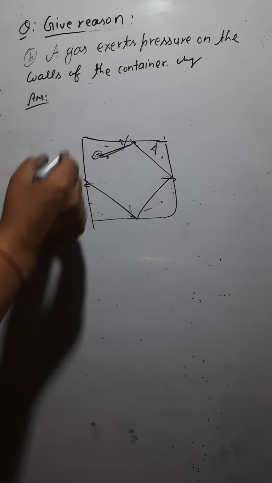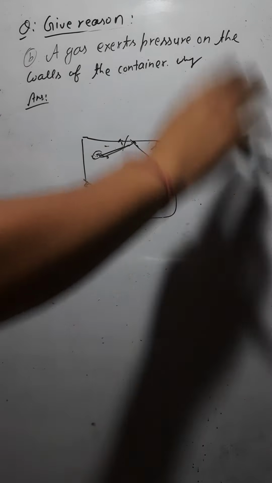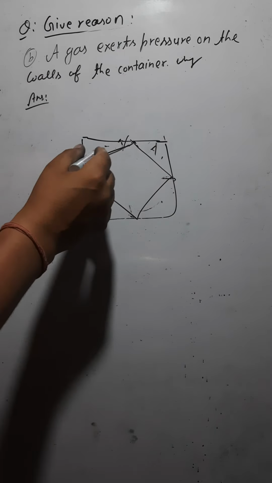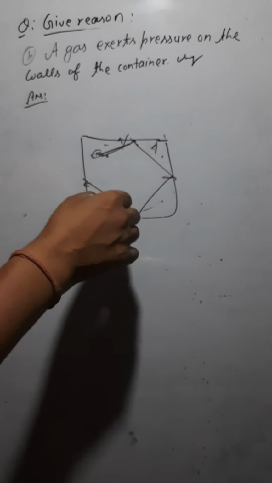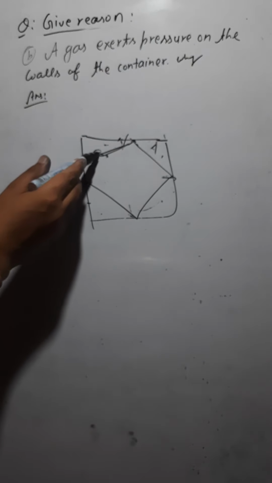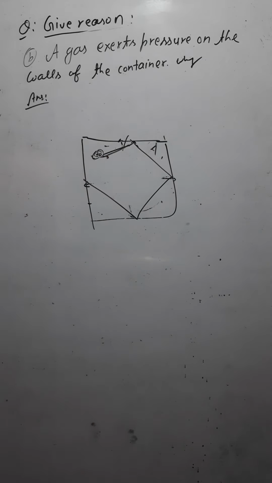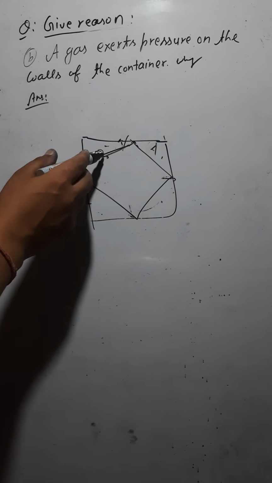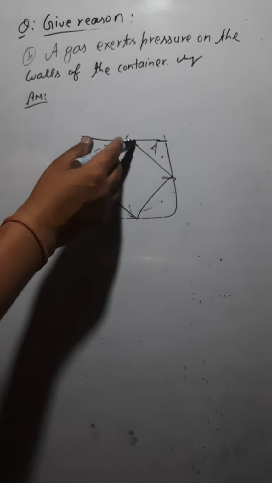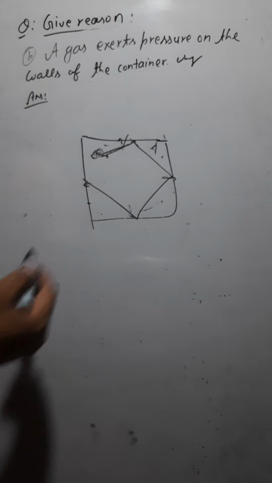This is how the molecule continuously moves inside the vessel, isn't it? So the molecules of the gases are exerting force on the wall also, because the molecule is continuously moving with very high speed. While it is moving, it is exerting some force on the wall, isn't it? That is why we are experiencing some pressure on the wall.